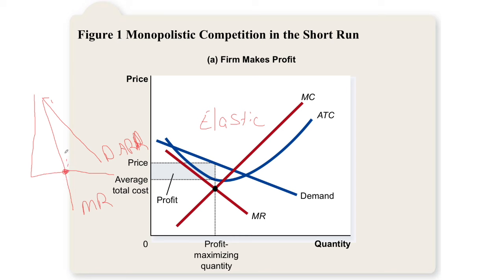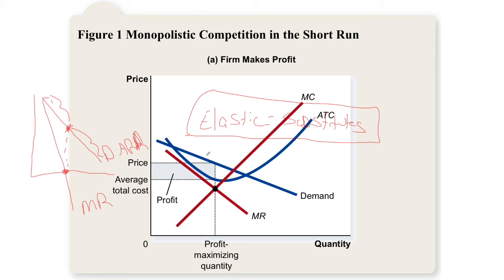What that means is the top portion is elastic, the middle portion is unit elastic, and the bottom portion is inelastic. But because there are so many substitutes, here the demand curve is going to be more horizontal. My marginal revenue curve is never going to go negative. Okay, so it's a big difference.